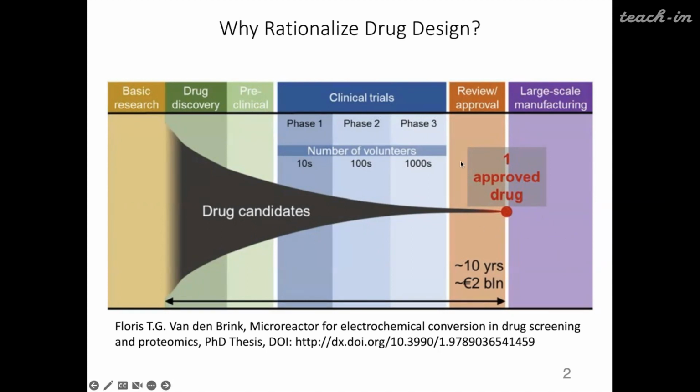If we have one approved drug, in the end, usually the base of this funnel is really large. In many drug development processes, people have at least thousands or maybe even tens of thousands of drug candidates that are predicted to be active during the basic research.